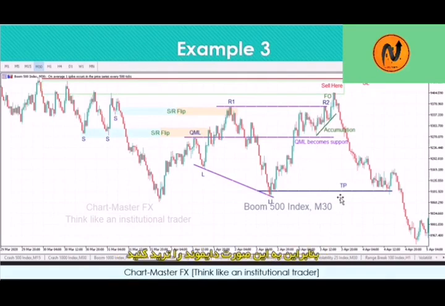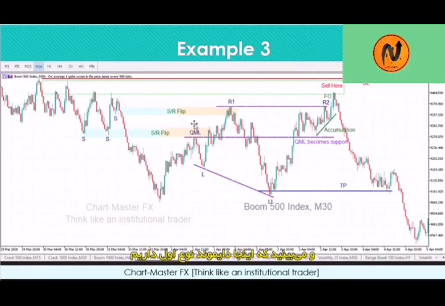So guys, this is how you trade the diamond version. The first thing that you have to do before trading the diamond is to ensure what type of diamond you are trading. As you see, we have version number 1 and version number 2. Those are the things you need to look for.